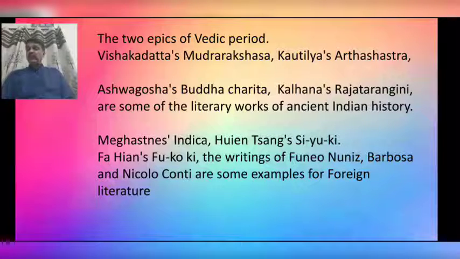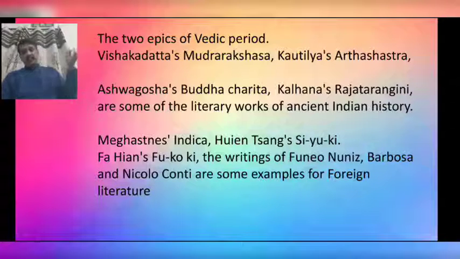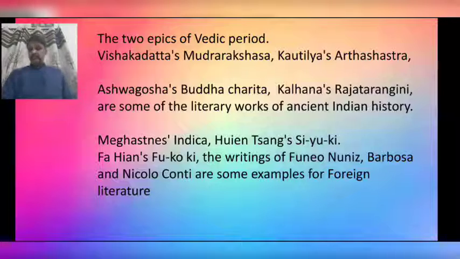If you come to foreign literature, many foreigners who visited India, travelers or ambassadors, businessmen, officials, and some missionaries have recorded their observations and experiences in their works. These works can be considered as foreign literature.